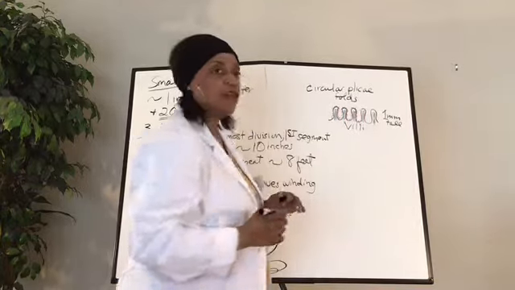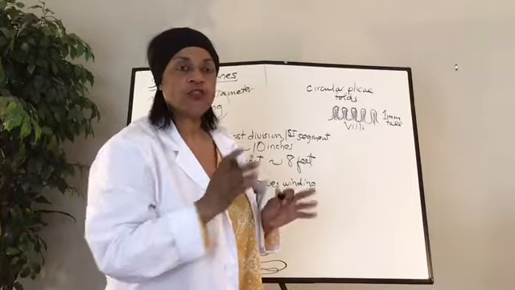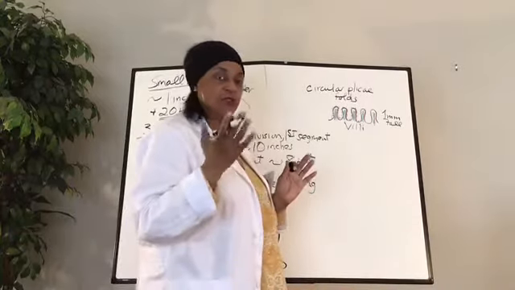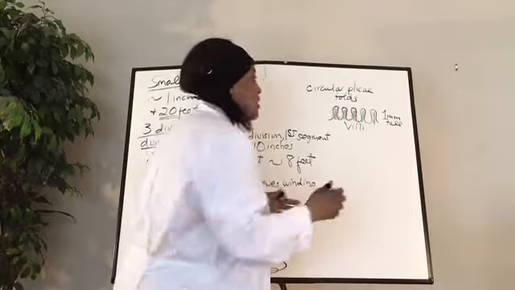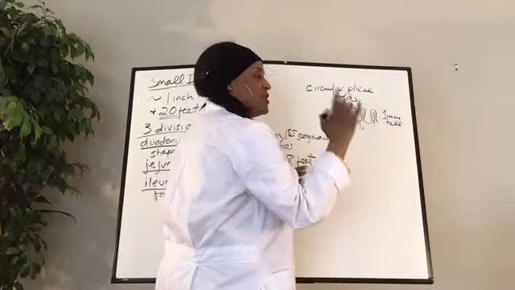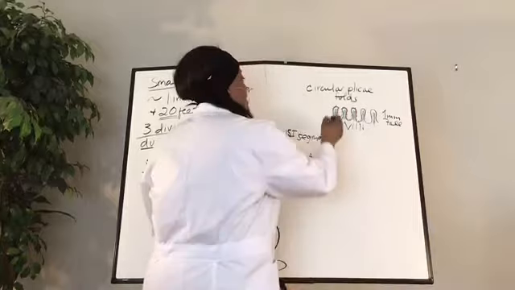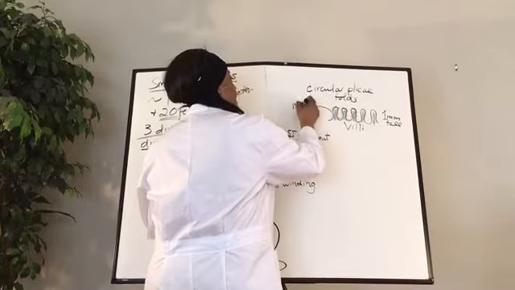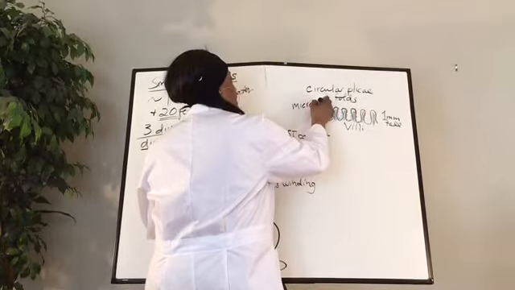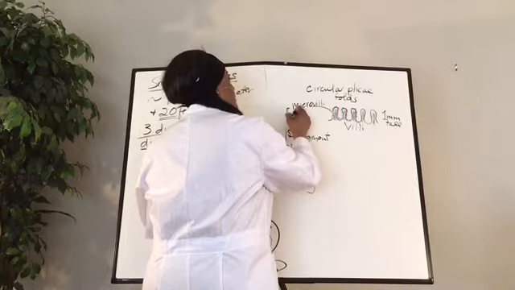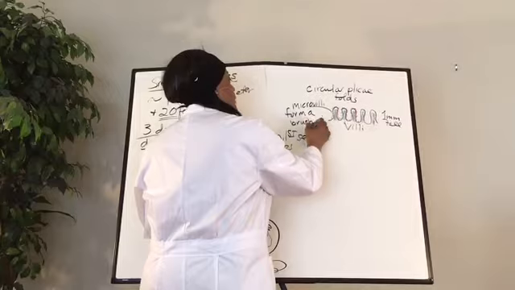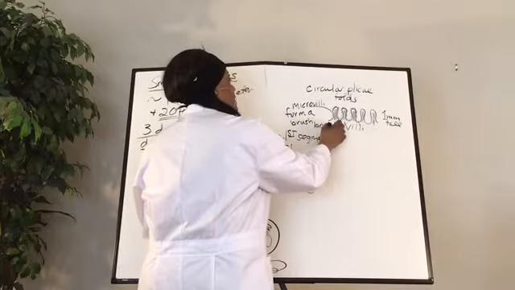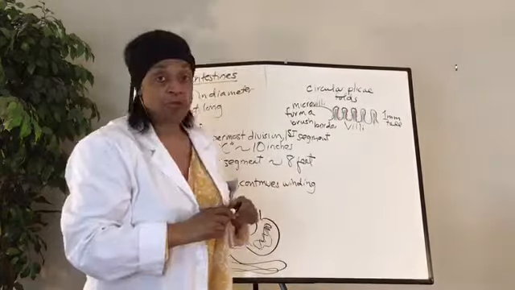But I want you to know the microvilli look like a brush, right? Would you say they look like a brush? Then that forms a brush border. So you've got the villi, the finger-like projections, but on top of those are these microvilli that form a brush border. And yes, they do look like a brush.